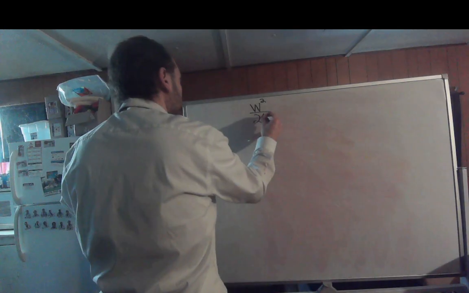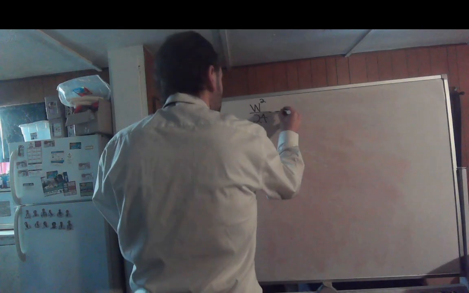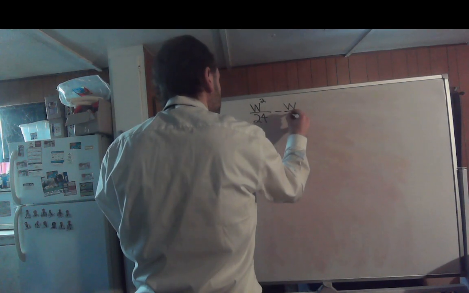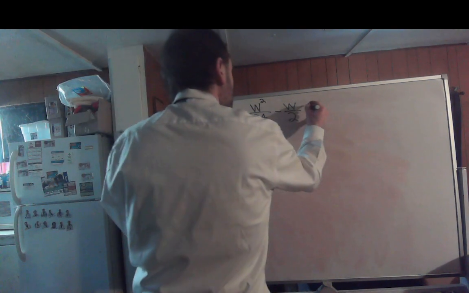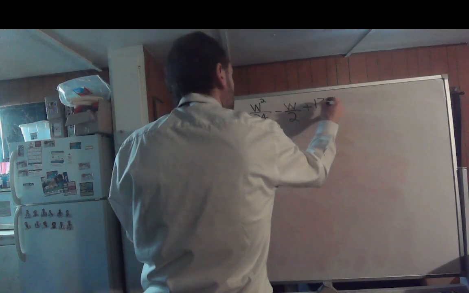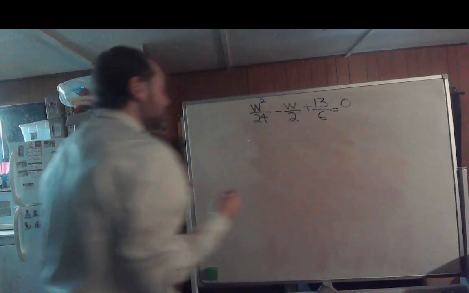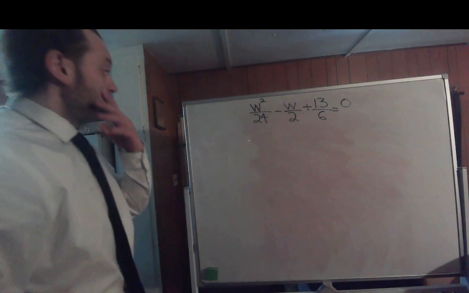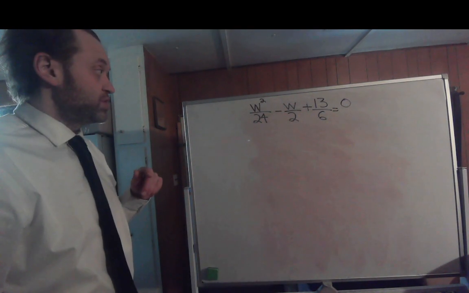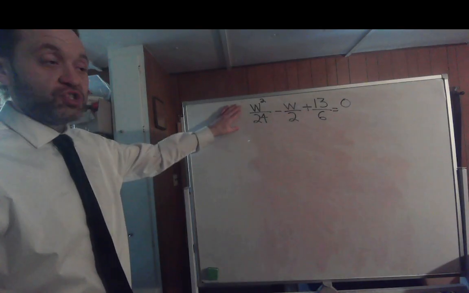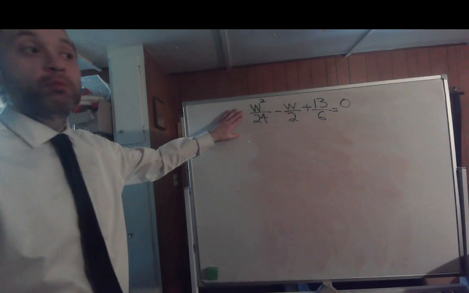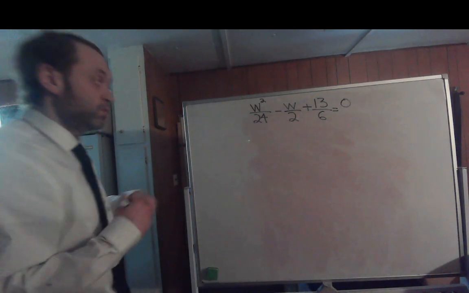W squared over 24 minus W over 2 plus 13 over 6 would equal 0. Alright, well, first thing I'm going to suggest we do is, since you have 1/24 times W squared, multiply everything by 24.